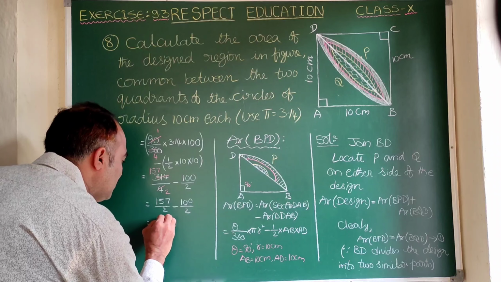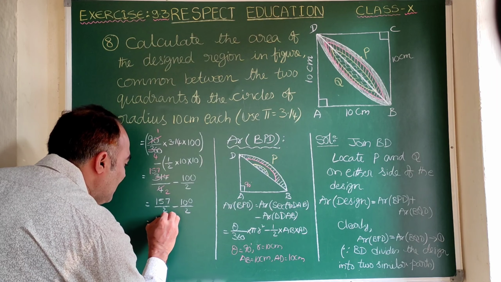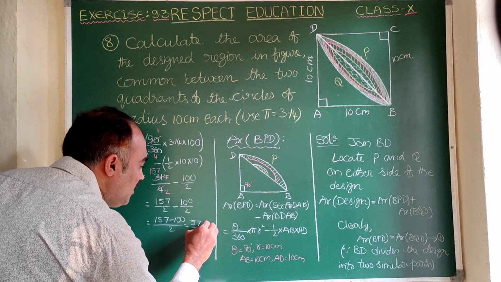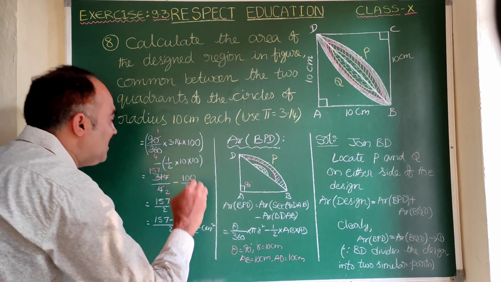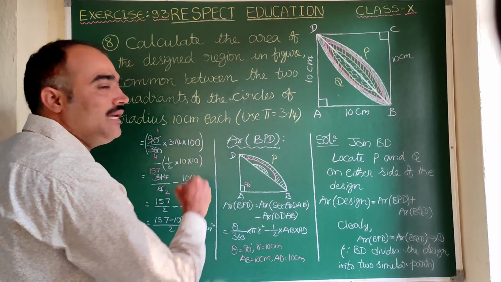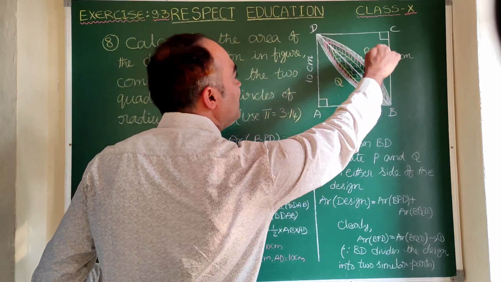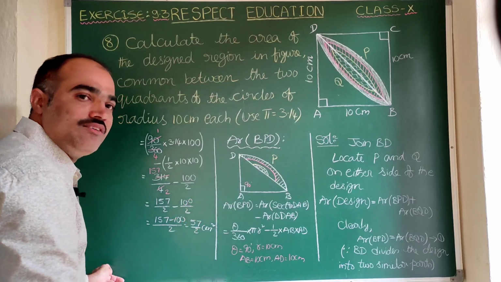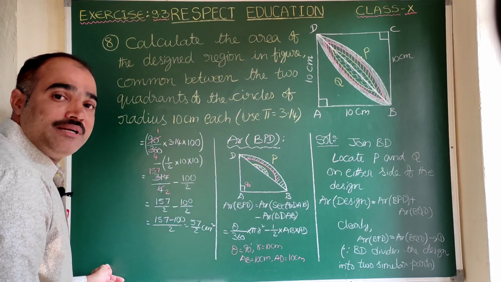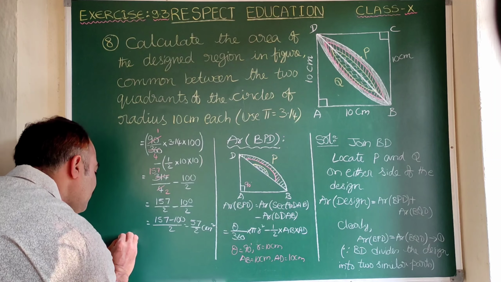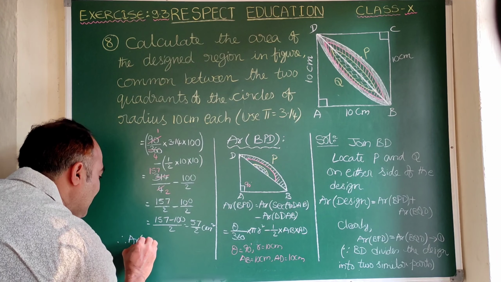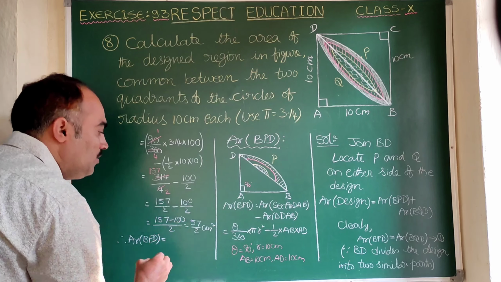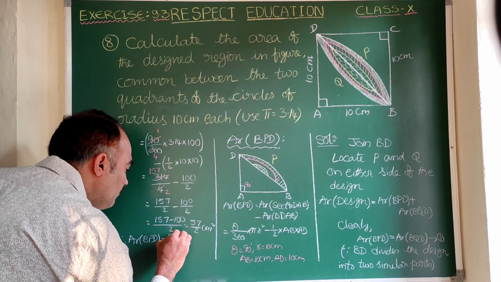Let us take 2 as the LCM. 157 minus 100 by 2 is nothing but 57 by 2 centimeter square. This is the area of the design BPD. This half of the design occupies 57 by 2 centimeter square. So therefore, the area of BPD is equal to 57 by 2.